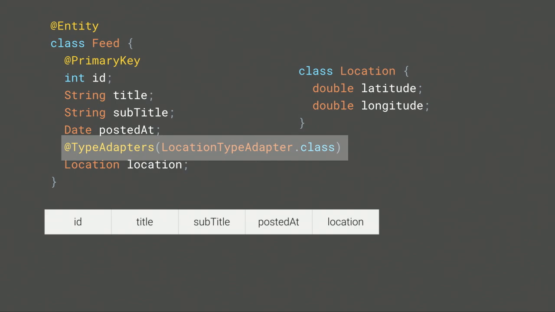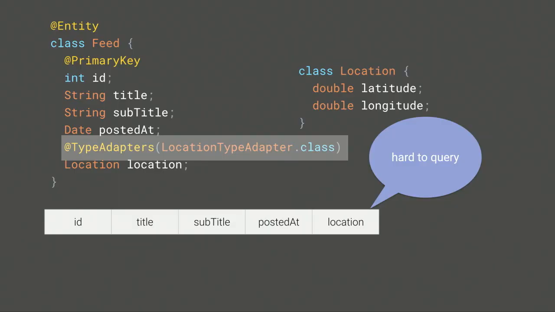Or you can do something like bit masking and bit shifting to try and encode these two doubles in one long field. This is going to be hard to query even for this simple case when we only have two doubles that we are trying to encode. We're trying to compact it into one field. And the more complicated the data structure is, the harder it becomes to use type adapters for these cases.